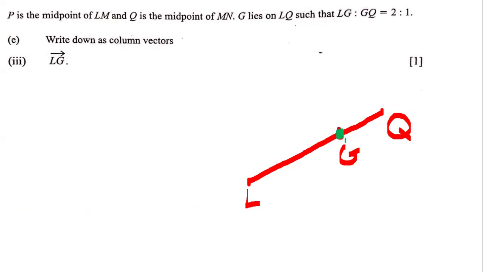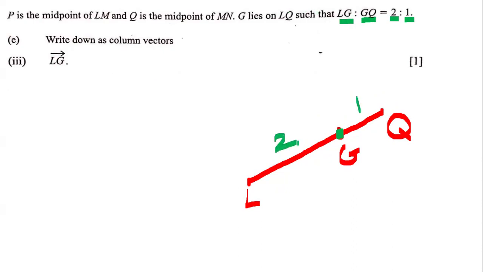So this is G. G lies on this line LQ, and it follows a particular ratio. So what's the ratio? LG to GQ, because this is LG and this is GQ. They follow this ratio, and the ratio is 2 to 1.